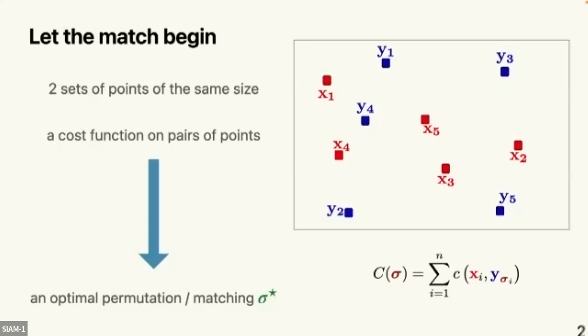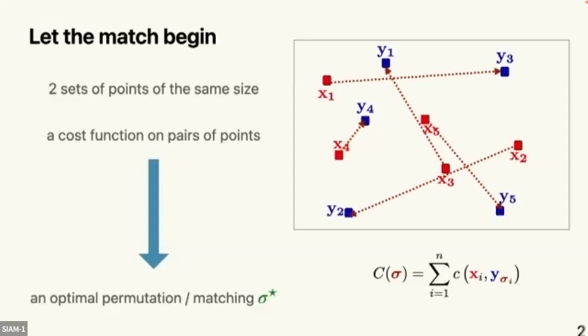And for any permutation, I'm going to score its quality with this function, which is the sum of the costs that I incur by matching xi with y sigma i. And so that pair xi, y sigma i, basically I'm proposing to match them together, and then I pay a cost, and of course I'm going to pay that cost repeatedly over all of the xi points there.